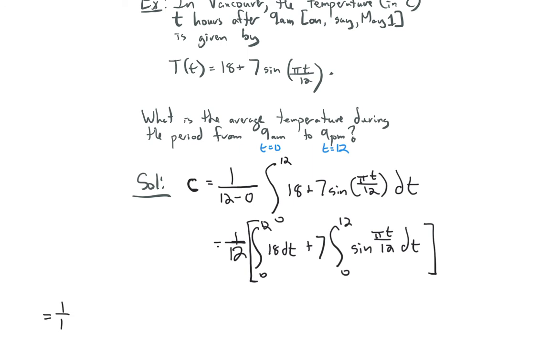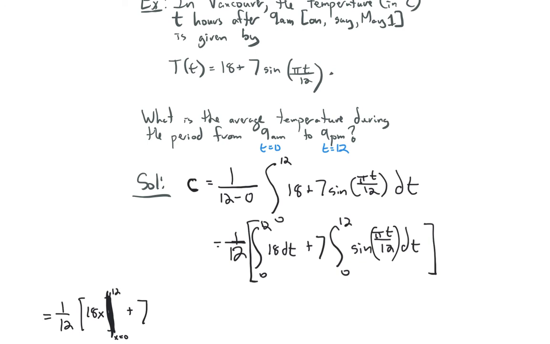So we have 1/12 times the integral. This is going to be 18x, the antiderivative of 18, evaluated from x equals 0 to 12. So that is the first bit. Maybe I'll make this a straight line so I don't get it confused with our square bracket out here. And then plus 7 times this integral here.